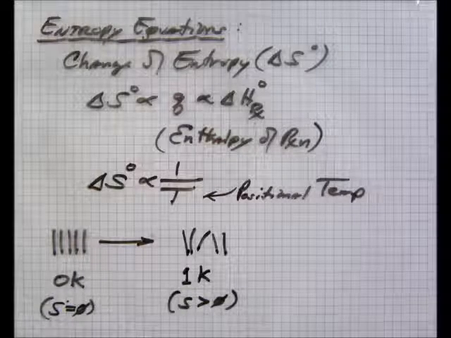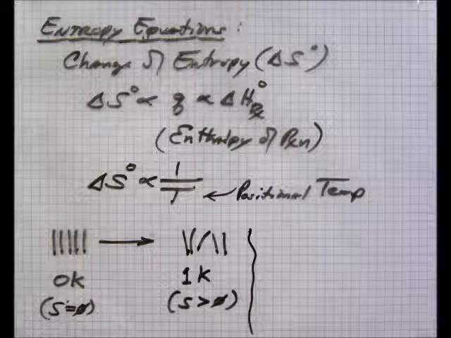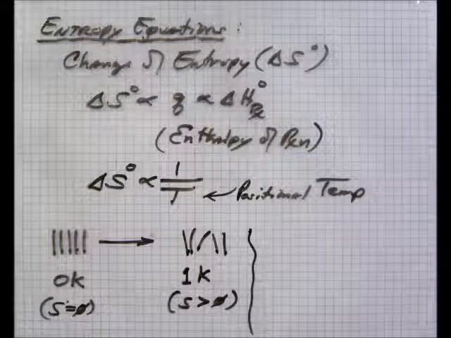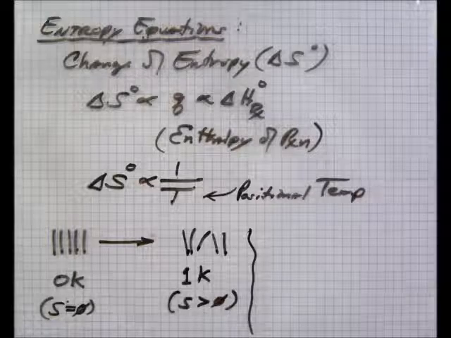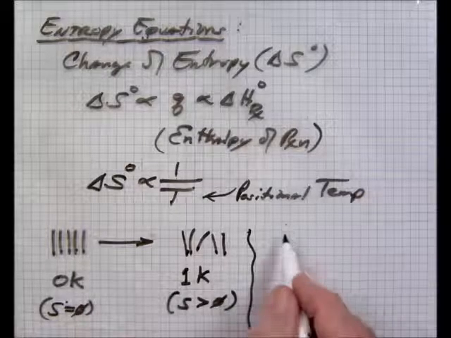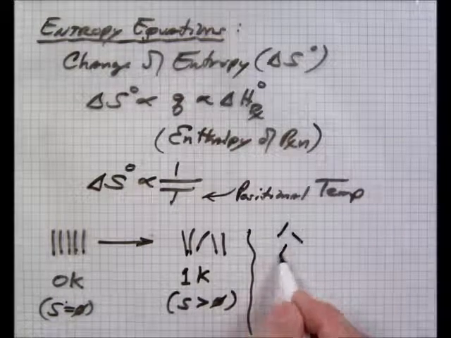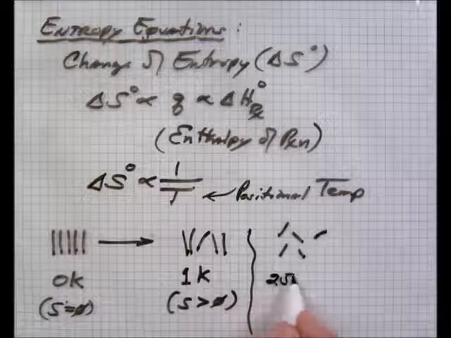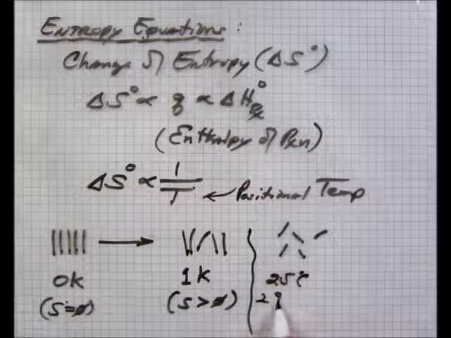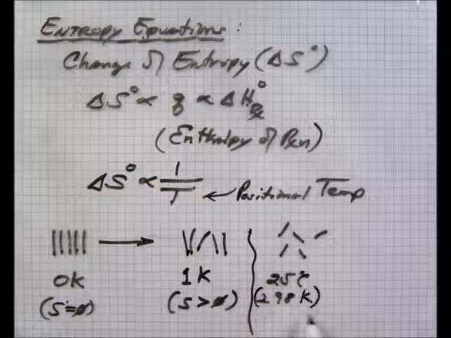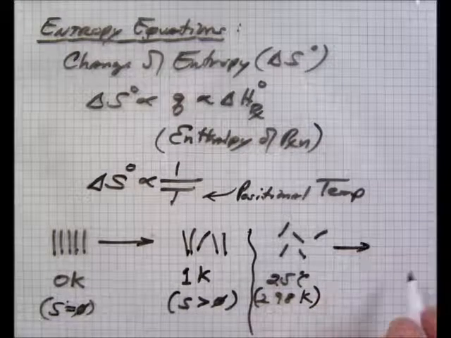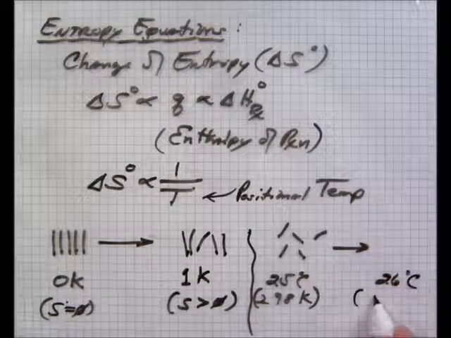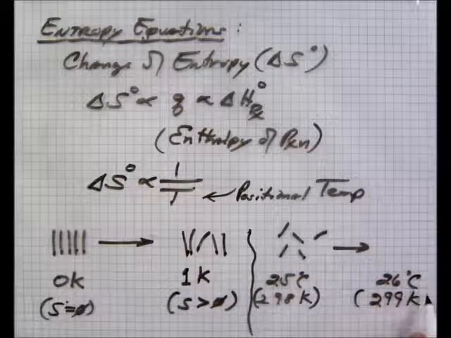However, if we move to, say, 25 degrees in temperature and change it 1 degree. So here's our substance at 25 degrees Celsius, which is 298 Kelvin. And we change that by 1 degree to 26 degrees Celsius, which is of course 299 Kelvin.